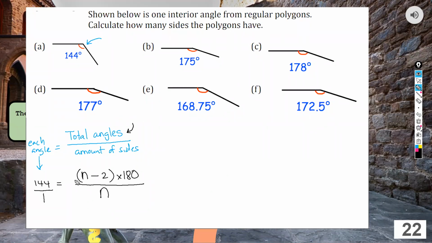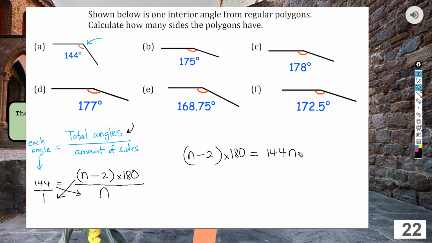Let's cross multiply. Any 1 multiplied by 1 is how much? Itself. So you end up with N minus 2 multiplied by 180. And then you cross multiply the other diagonal. 144 multiplied by N is 144N.